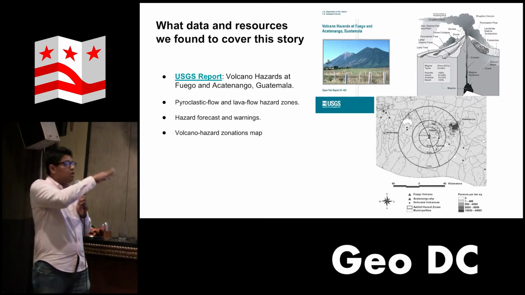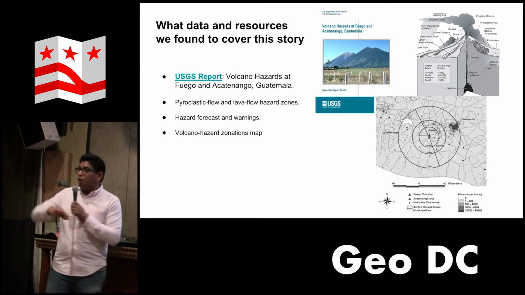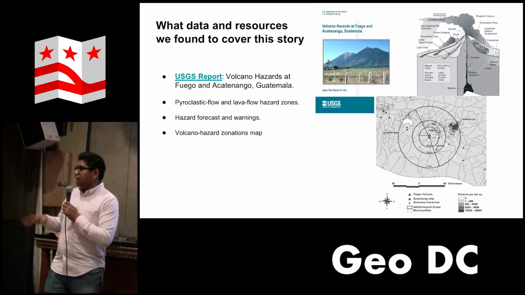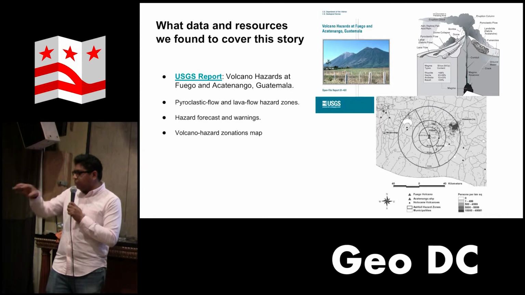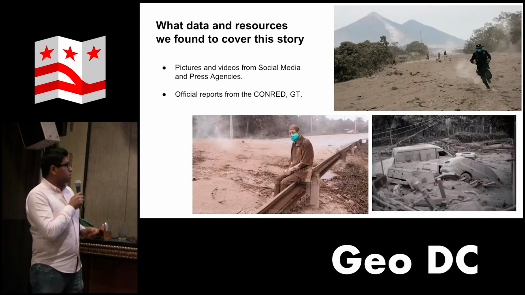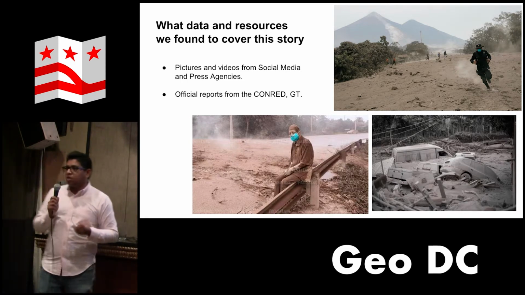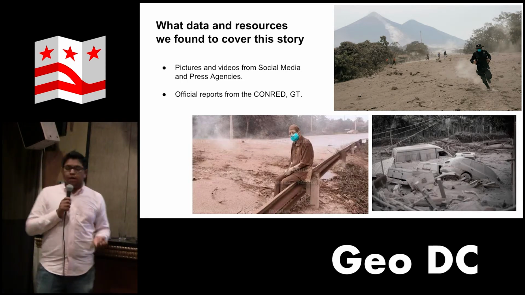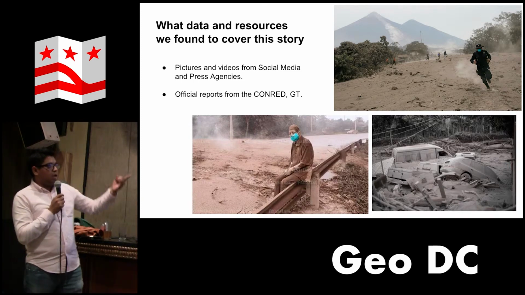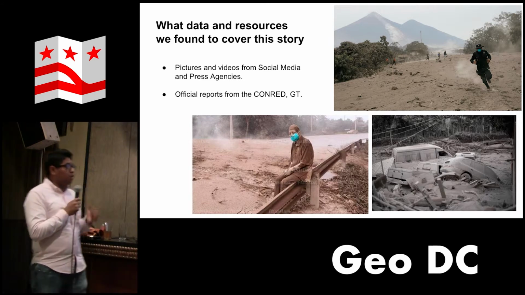This was a report from 2001, I think, and they explain all the volcanic hazard zones and why the communities around there should never be there. The next. And also we found official reports from Guatemala's emergency service. We found a lot of pictures from social media, and some pictures from press agencies.